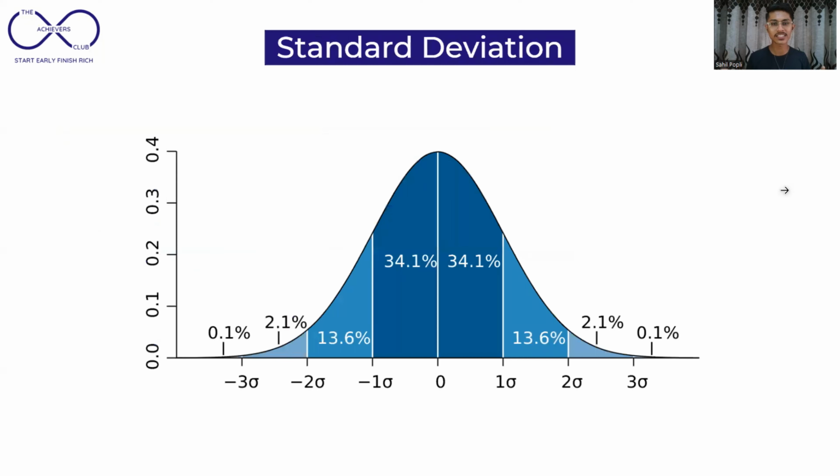So this is the standard deviation. If you look it up on Google, if you search for standard deviation, this is the graph which you'll be able to see. And this is the standard deviation with which we can determine, like in the center, you can see 34.1% plus 34.1%. If we take a general example of a population itself, you'll be able to understand that most of the people in this world have a common height, almost around 5 feet and so on.